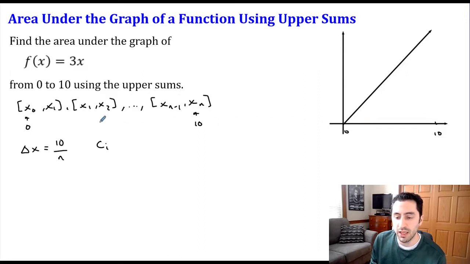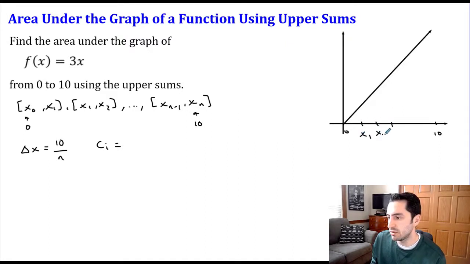So that means within each subinterval, the absolute maximum is going to occur at the rightmost point within that interval. So within this first interval, it's going to occur at x sub 1. Within the second one, it's going to occur at x sub 2, and so on.